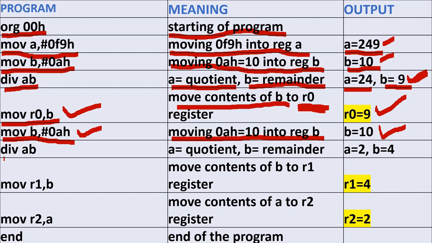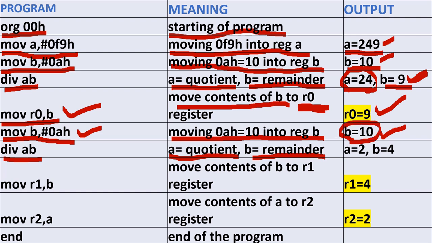Now the next step is, again I am doing the division operation. I am using the instruction DIV AB. After division, the quotient will go to register A and the remainder will go to register B. Now in my case, I have A as 24 here, and now my B is 10.